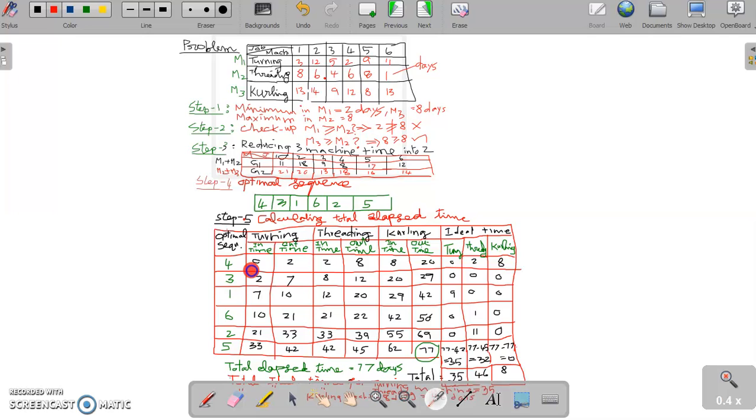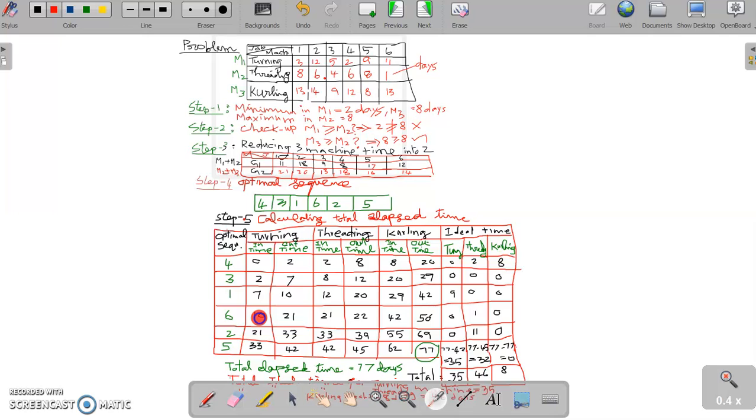So we are adding 2 days and we are getting 2 here. These 2 we are writing here. Then the third job under the turning machine takes 5 days, 2 plus 5, 7 days. 7 comes here. Now the first job, how much does it take? 3 days, 7 plus 3, 10. Then 10 comes here.